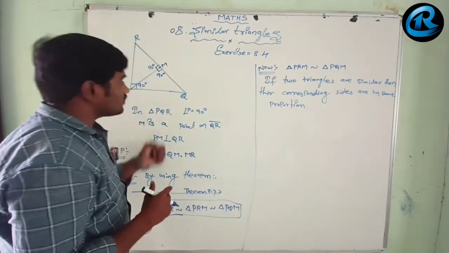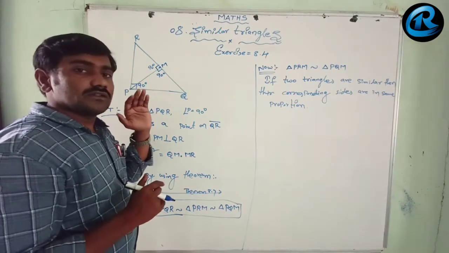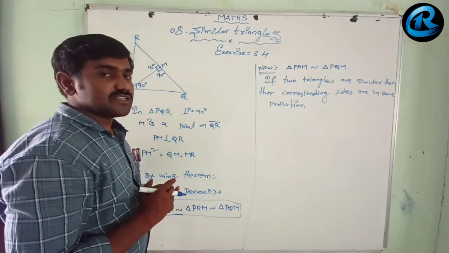That is what we have learned. If two triangles are similar, then the corresponding sides will be in the same proportion.